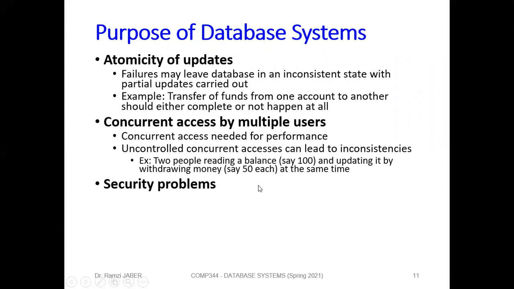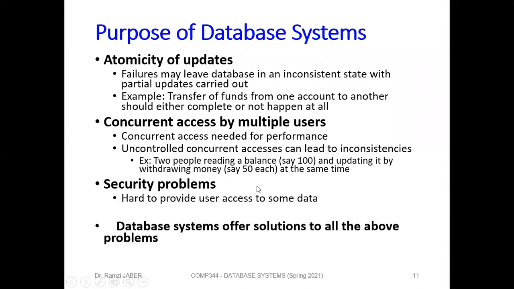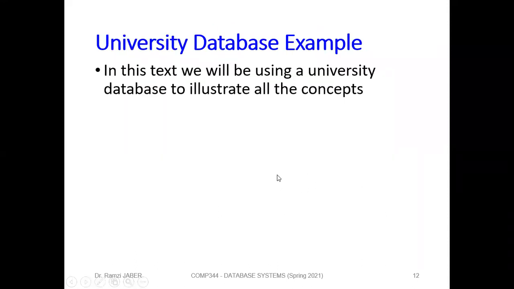Database systems offer solutions to all the above problems, like Microsoft Access, which accepts updates. Microsoft SQL Server is the best. Oracle database is the best of the best, and so on.